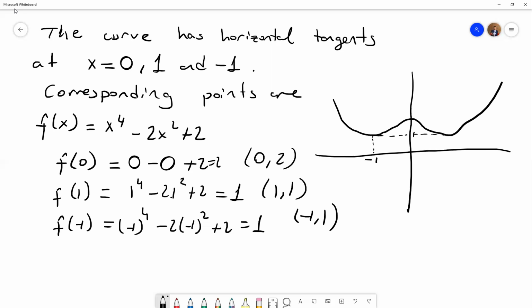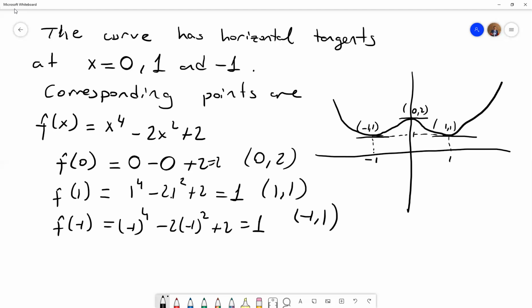And here is 1 and 1. And this is the minus 1, 1 point. And here is the 0, 2 point. These are the tangents. Tangent lines are also here. We can also find the tangent lines here, but this is not our subject now.